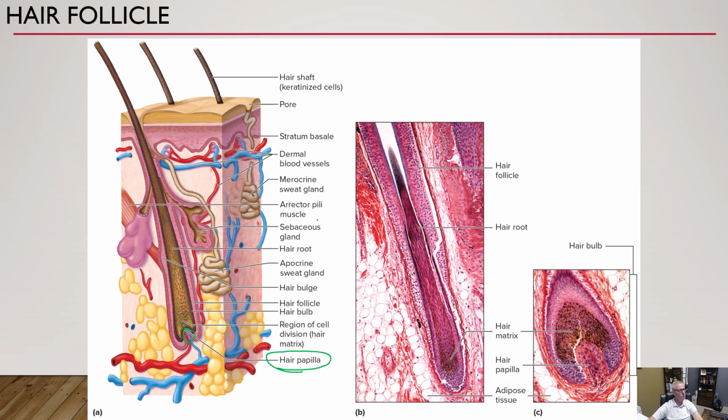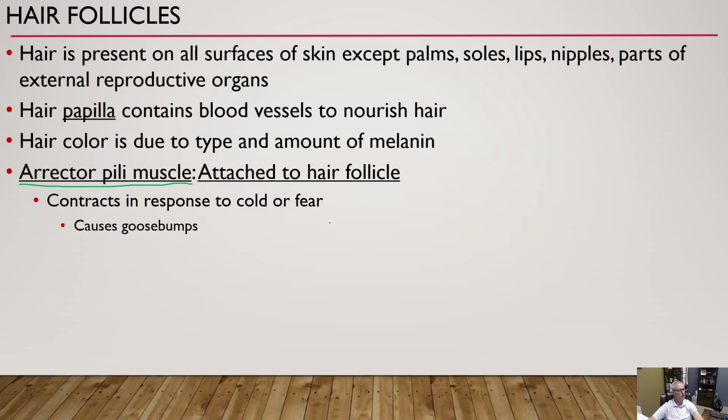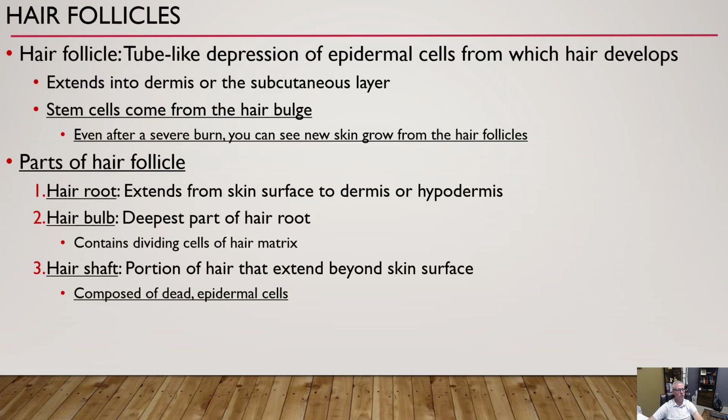That's what gives us goosebumps. So here you can see an erector pili muscle that's attached to the hair follicle. When that muscle contracts, your hair is going to stand up on end and give you goosebumps.